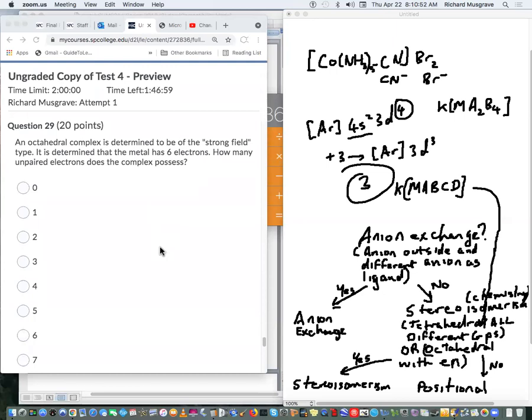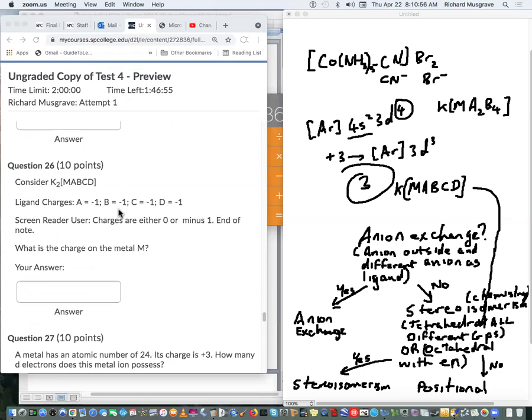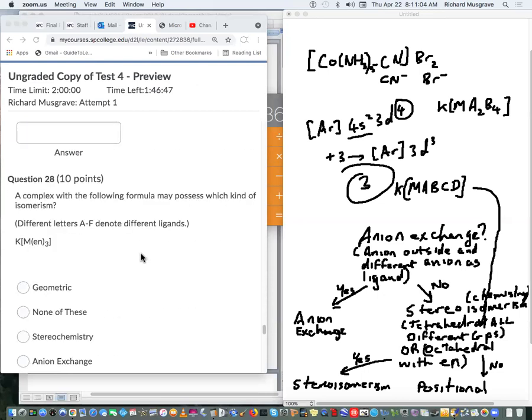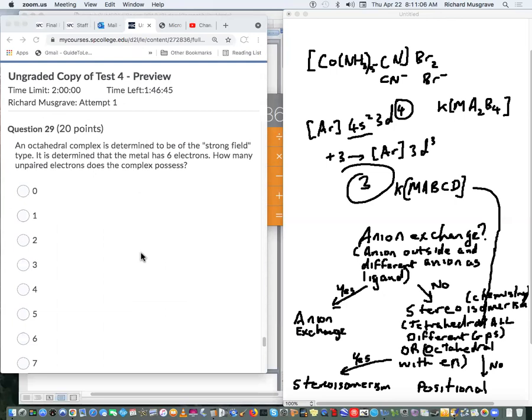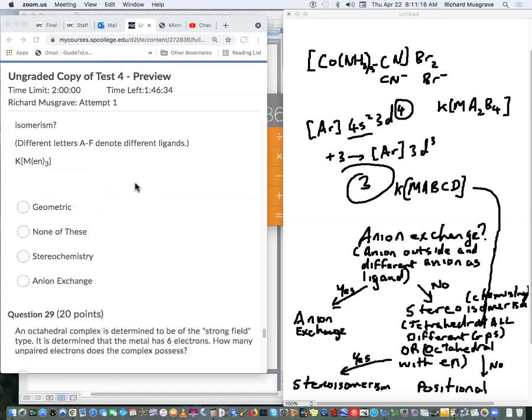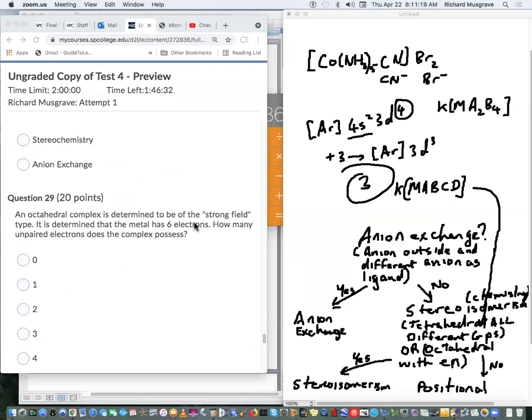An octahedral complex is determined to be strong field type. The next thing we're talking about is the octahedral complex, determined to be strong field, and it's asking, the metal has 6 electrons.